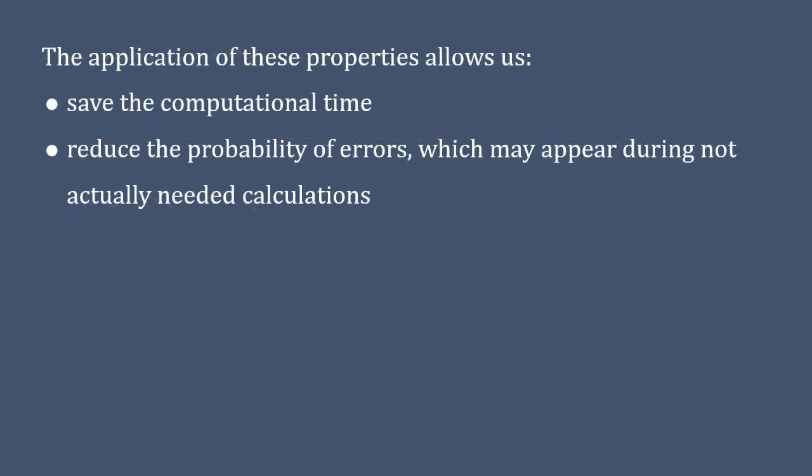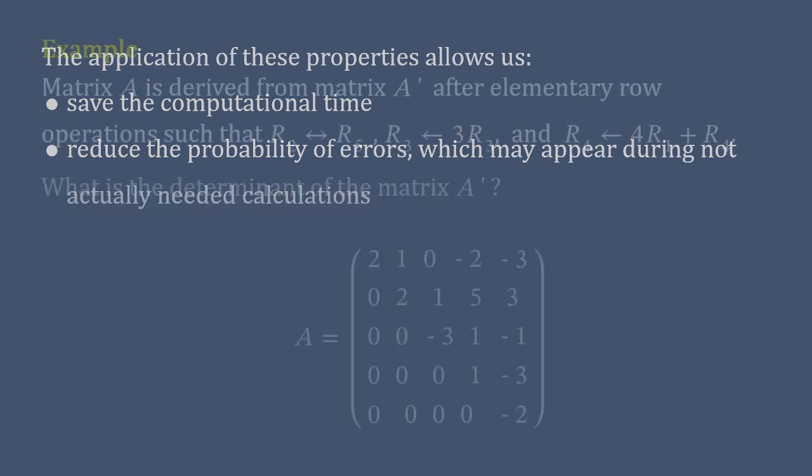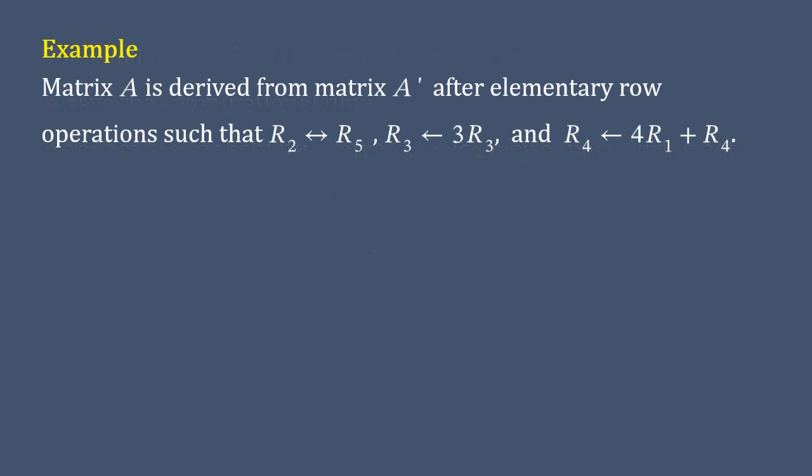We are already familiar with how elementary row operations change the value of determinant, or do not. Obviously, the application of these properties allows us to save computational time and reduce the probability of errors, which may appear during not actually needed calculations. Now, let's consider a more interesting example.